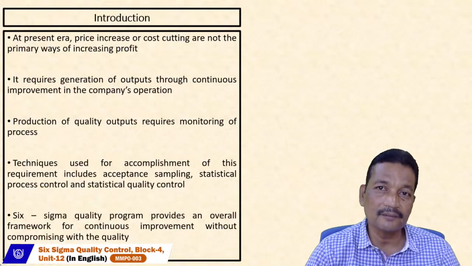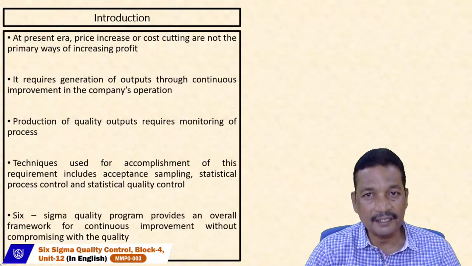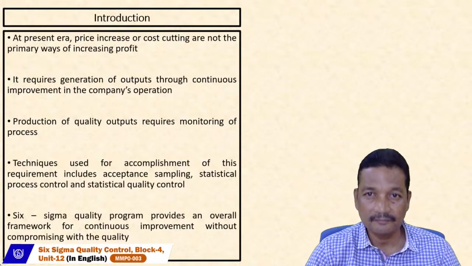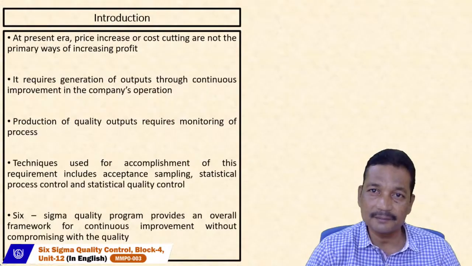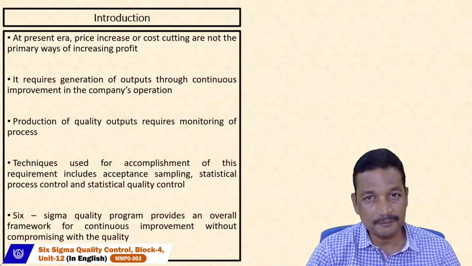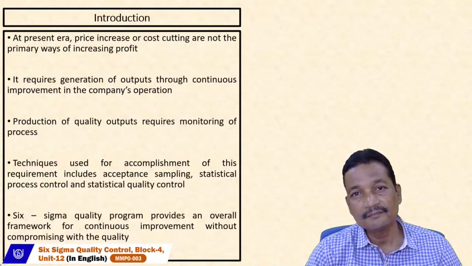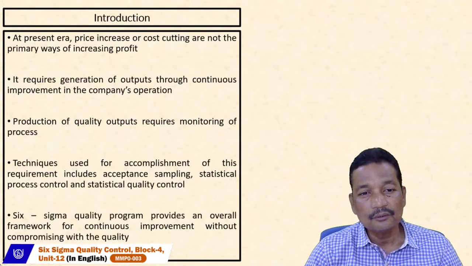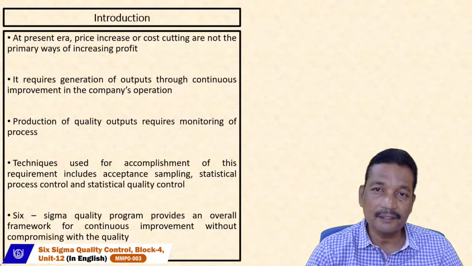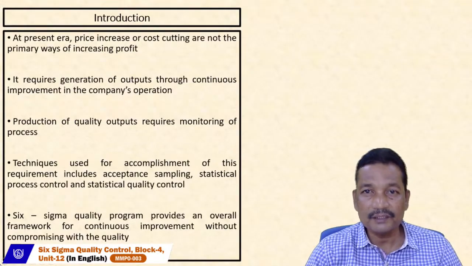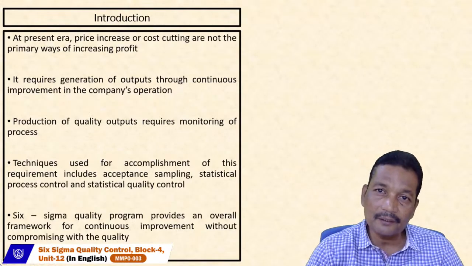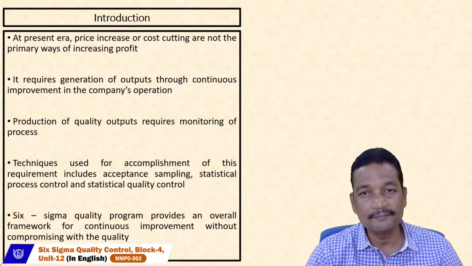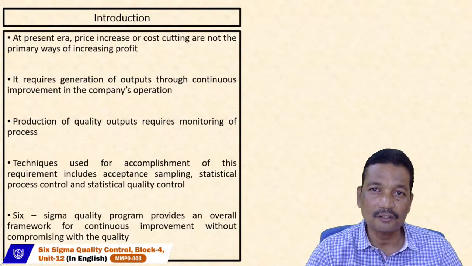Sampling is nothing but taking a small portion out of the whole bunch of items produced of a similar kind or nature. When we take the sample, by looking at it, we say whether the sample is good or not. Thereby, we try to infer whether the whole lot is also of good quality or not.